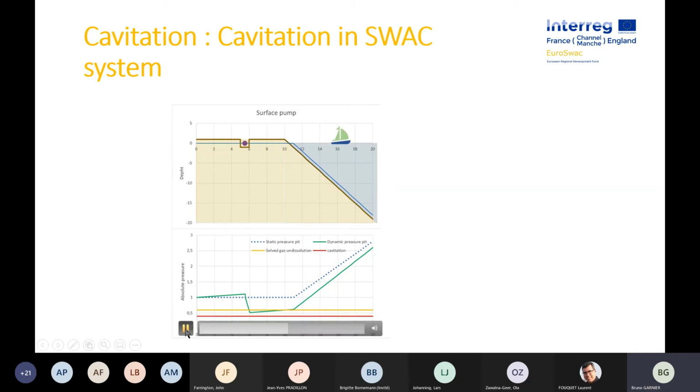If we go faster, then we have something that is much more critical. We have cavitation. Cavitation means that the water itself will turn gaseous.